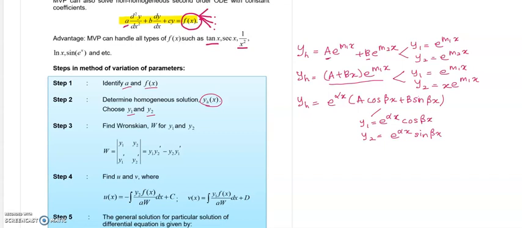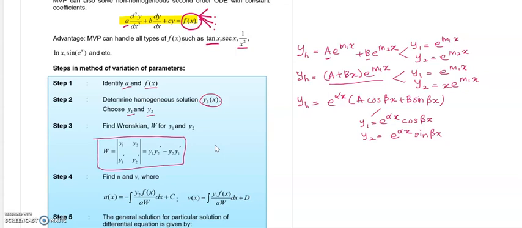Now we go to step number 3, where we need to find the Wronskian W. So how do you compute W?